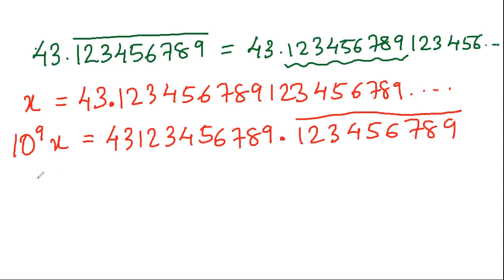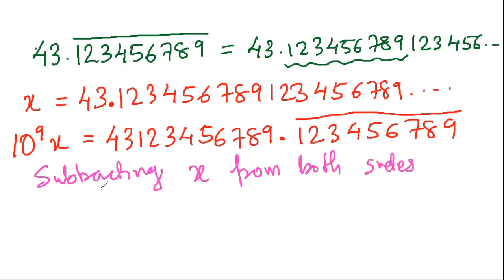Then what I am going to do is subtract. In the next step, I am subtracting x from both sides. For convenience, I shall write this 10 raised to 9 as 1 followed by 9 zeros, that is 1000000000.